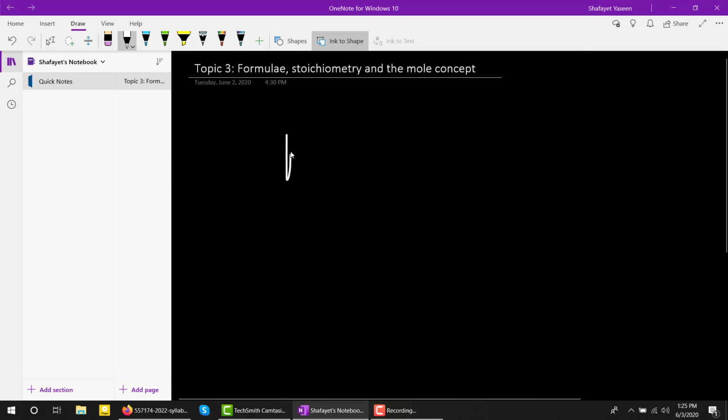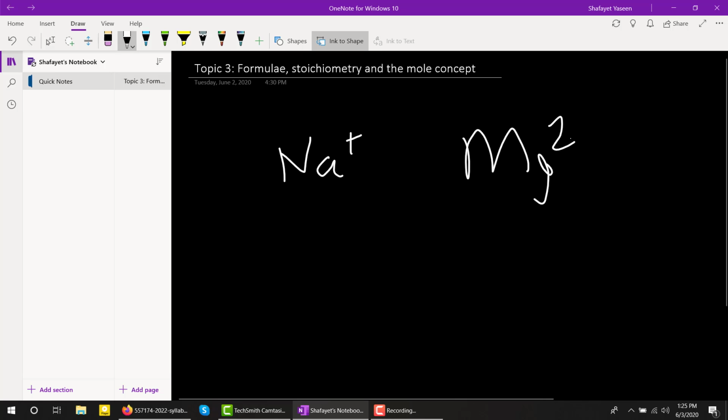For instance, there's the sodium ion, Na+, and then we have the magnesium ion, Mg2+, and then we have the chloride ion, which is Cl-, or say, for instance, let's go to a more complex ion like the sulfate ion.